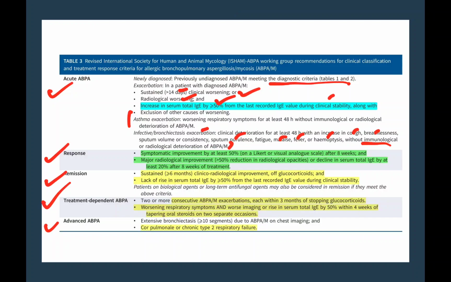So the patient should have symptoms for more than 2 weeks, and additionally there should be radiological worsening, which is usually not seen in asthma, and the serology also should be up by 50%, that is, serum total IgE should be more than 50% above the basal value. Then we say it is acute ABPA, or exacerbation of ABPA.